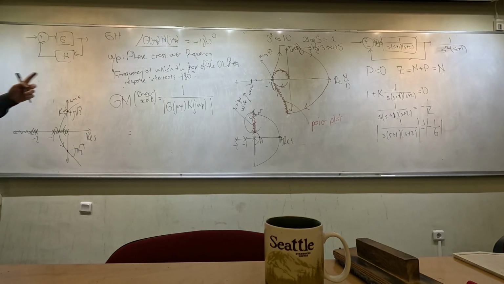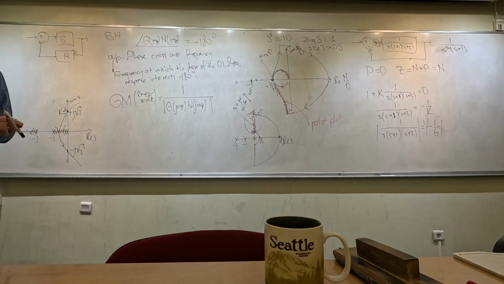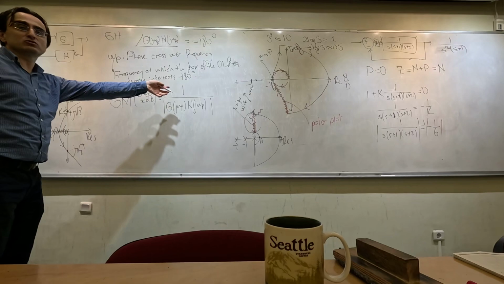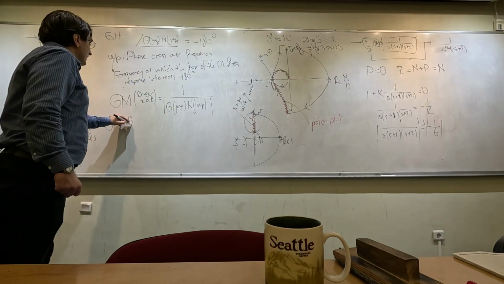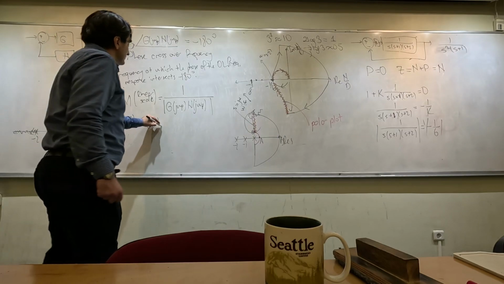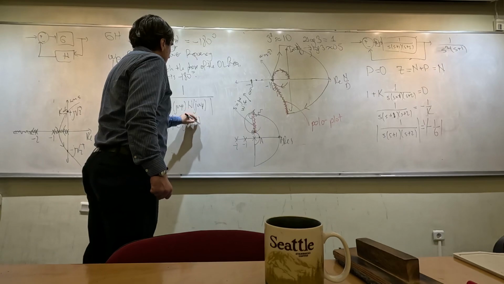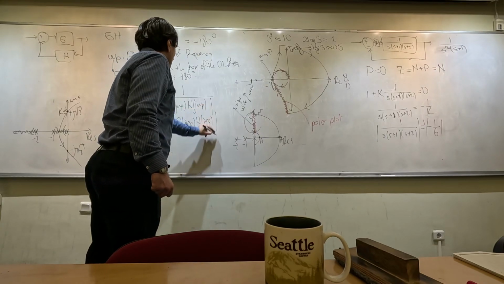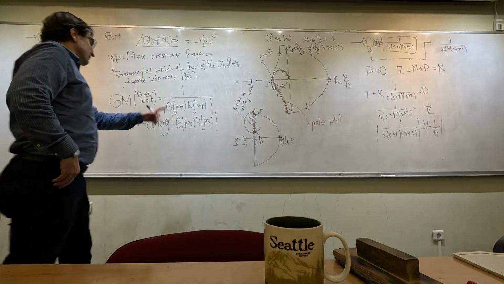And in dB scale, what do I have to do for obtaining the gain margin? I just have to take 20 log of this. So the gain margin in dB scale is going to be minus 20 log of the magnitude of G of j omega p, H of j omega p. That is what the gain margin is.